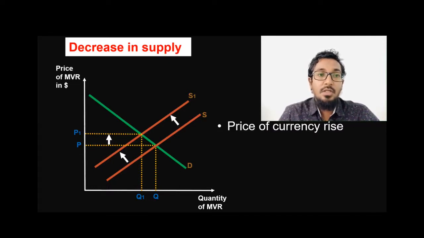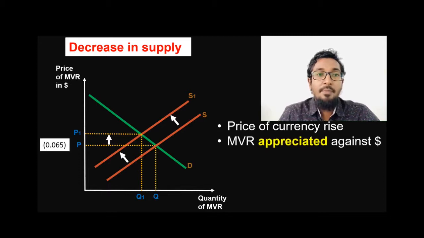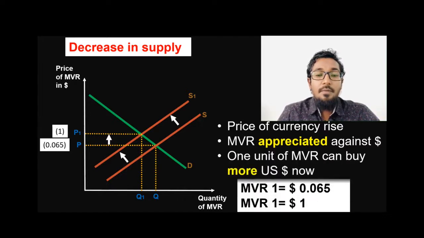So we say the price of the currency rises, the price of MVR increased. So that is called the appreciation of currency. When I replace the figures in the diagram, it will show the same impact. In this situation, for 1 MVR we can buy $0.065.